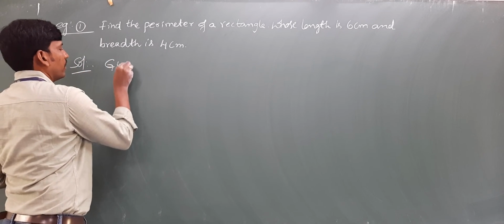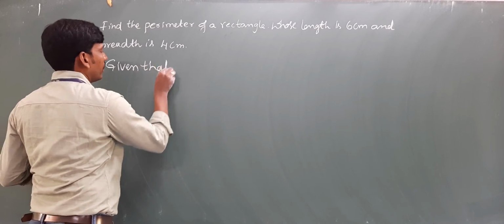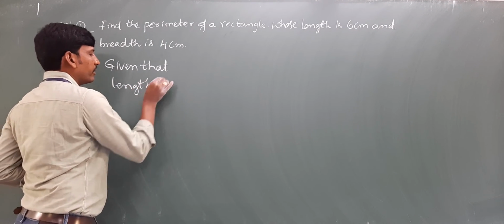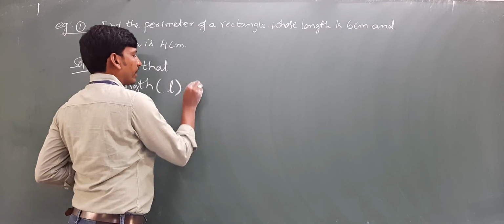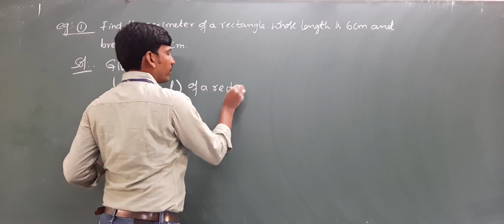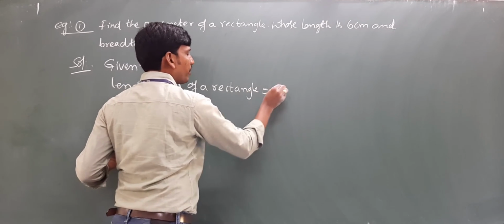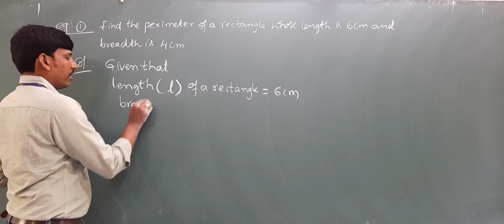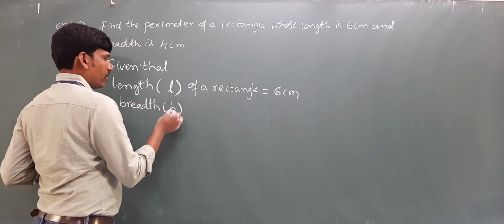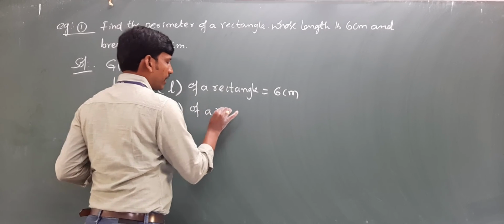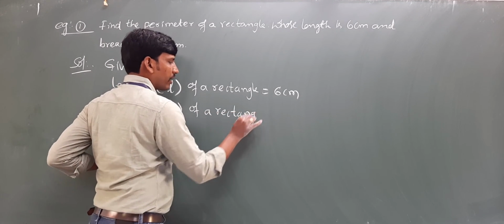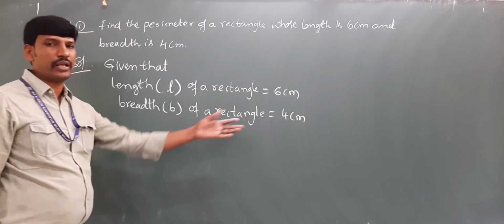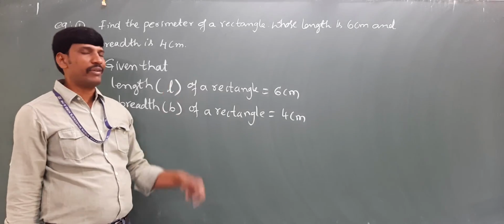Given that, the length, small l, of the rectangle is equal to 6 centimeters, and the breadth, denoted by small b, of the rectangle is equal to 4 centimeters.